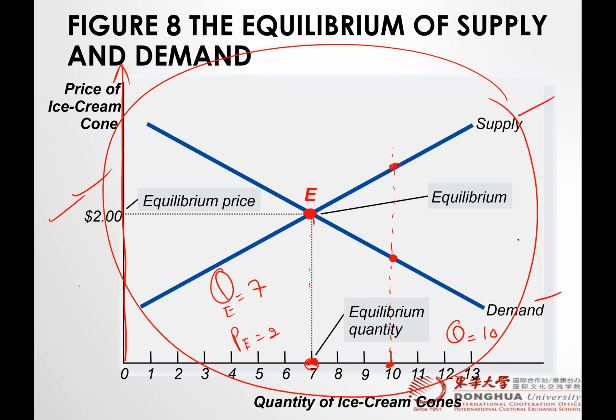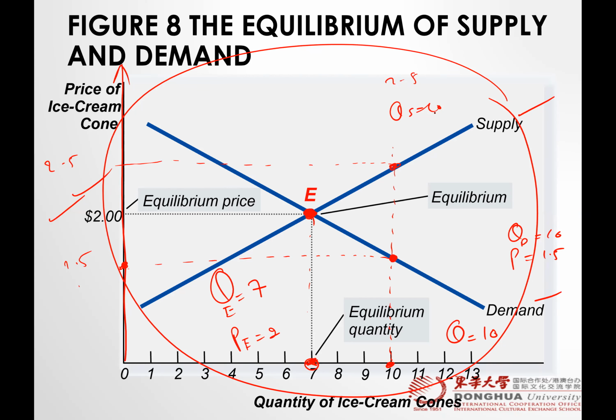On demand, quantity demanded is 10, but the price, for example, is 1.5. On quantity supplied is 10, the price is, for example, 2.5.